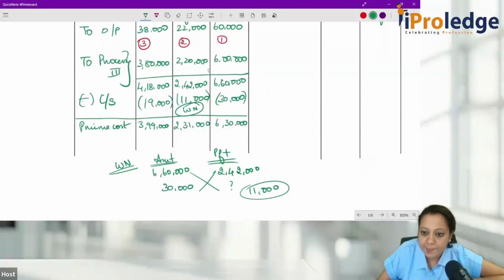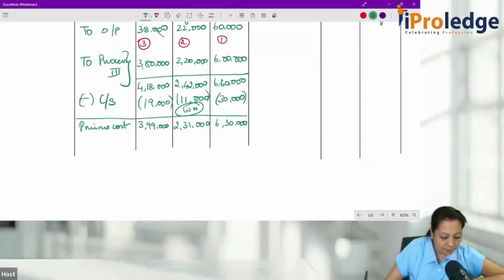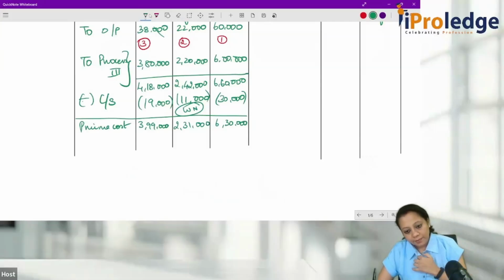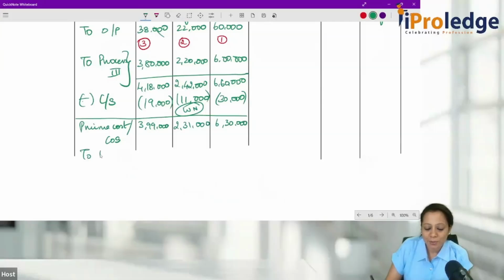Yes. So I have called it as prime cost. Can I call it as total cost also? Cost of sales? Yes. So now we will write to profit.